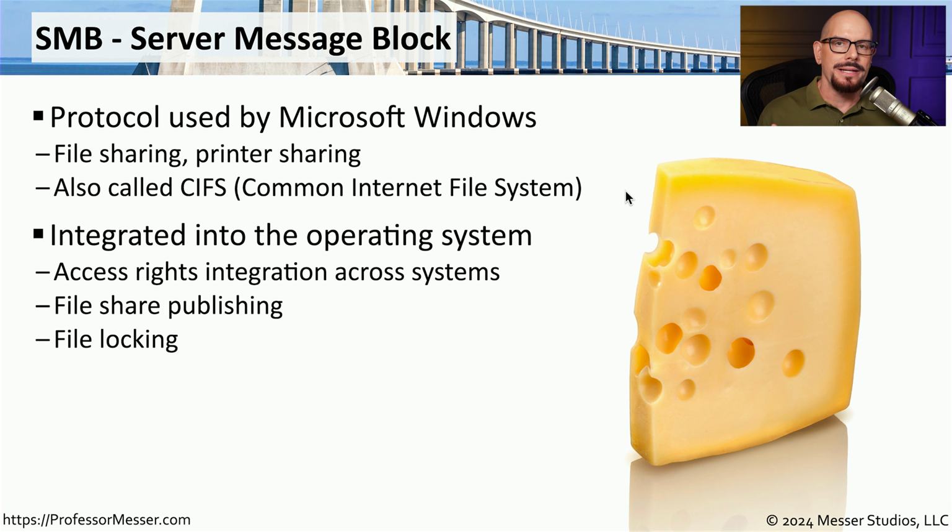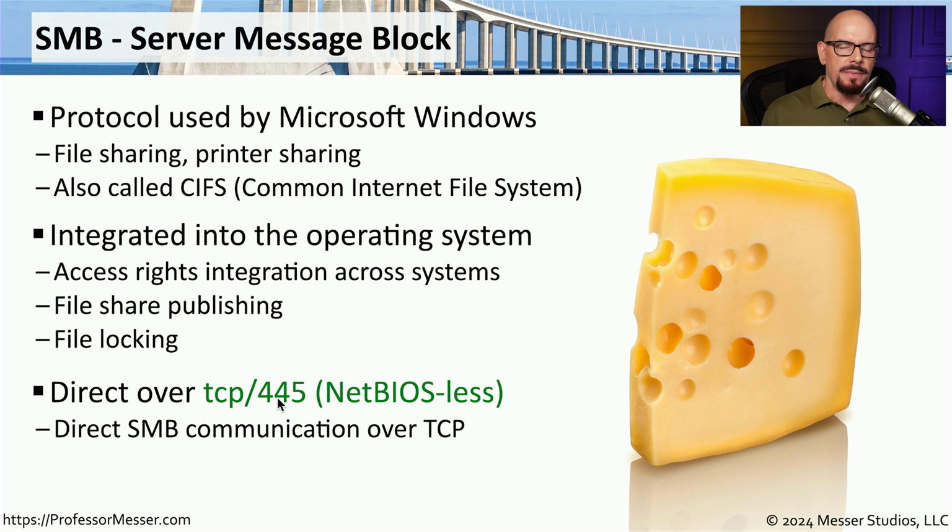SMB is integrated into Windows itself. You don't need to add additional software. There's no additional FTP or SFTP process. Instead, built into the Windows Explorer or the File Explorer within Microsoft Windows is the SMB functionality that allows us to access file shares, print to remote printers, lock different files on the network, and provide processes for authentication and permissions for all of that data.